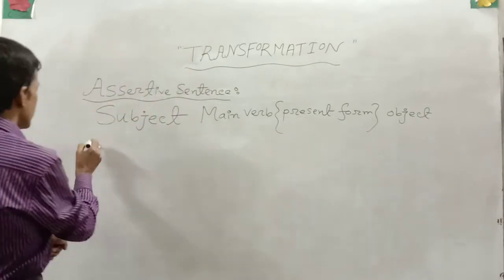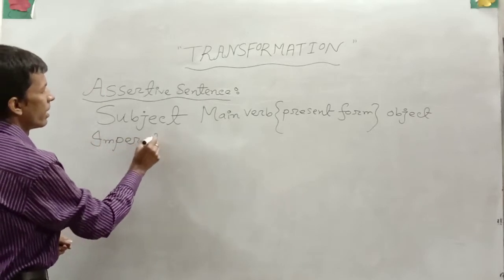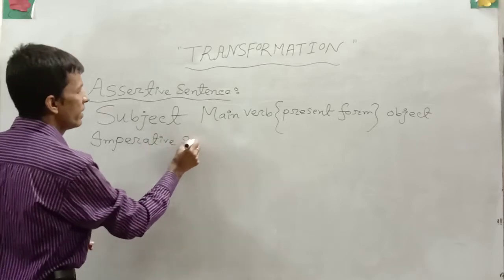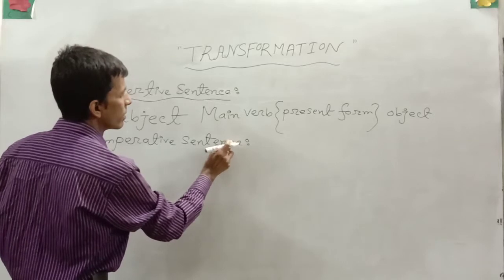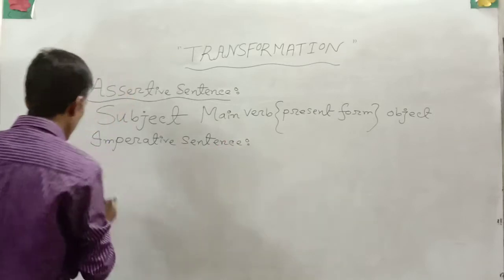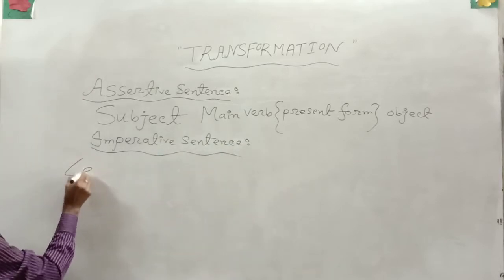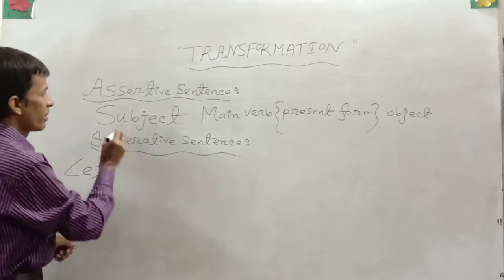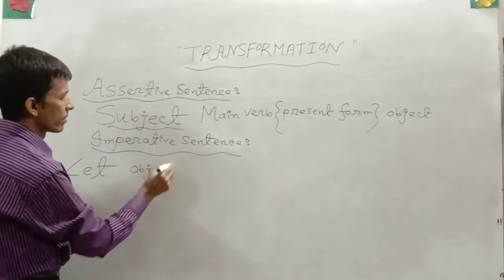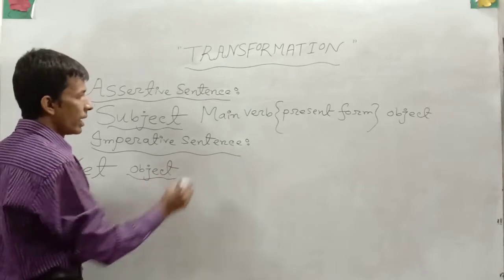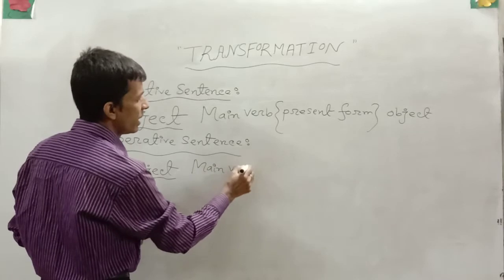Then, I will write the structure of an imperative sentence. Imperative sentence. First of all, I will write let. Then the subjective case will be transferred into the objective case. After that, in the third part, you will have to write the main verb in the present form.